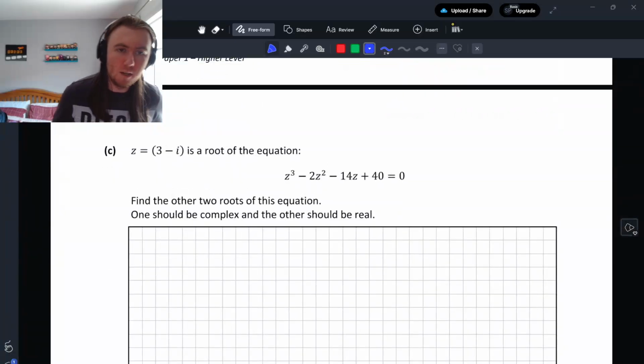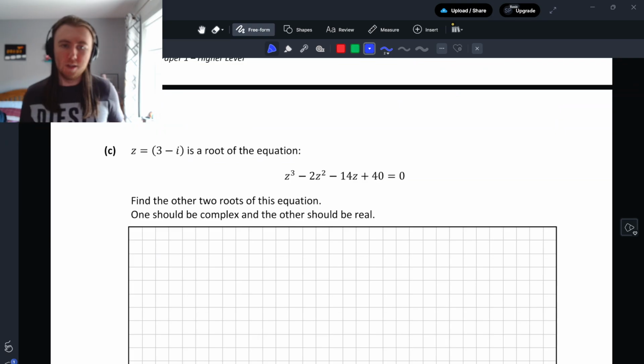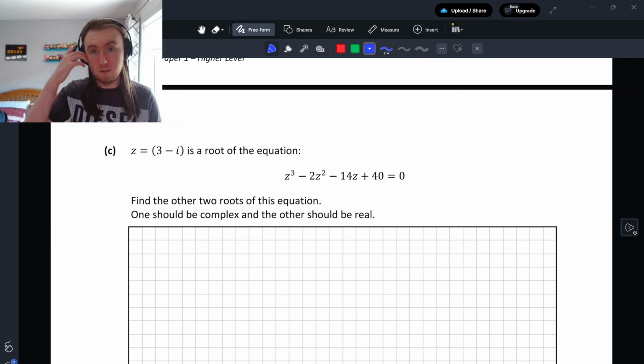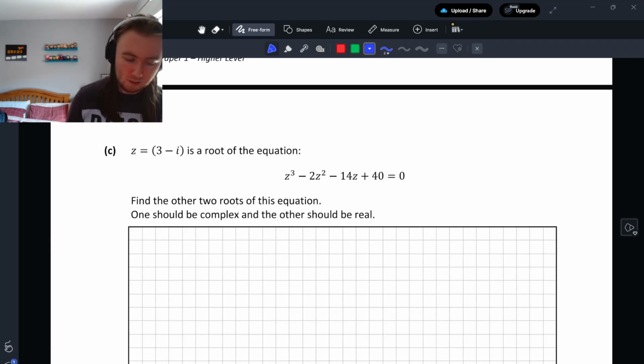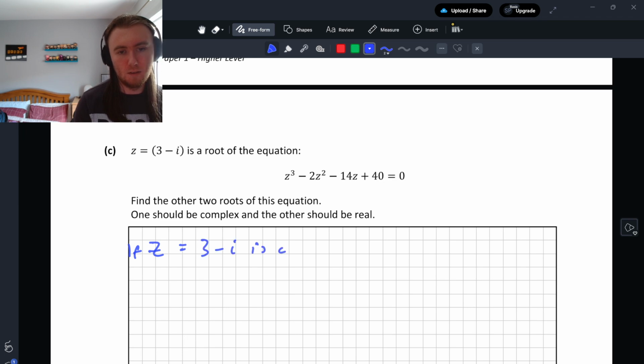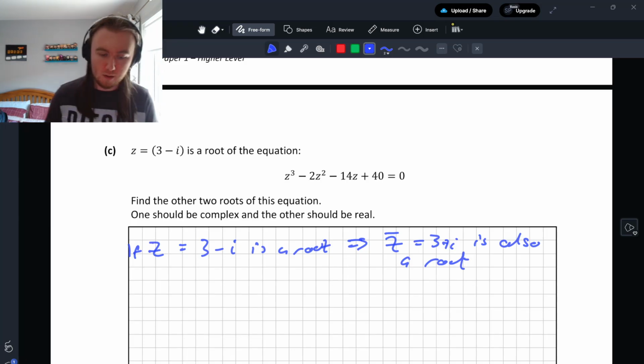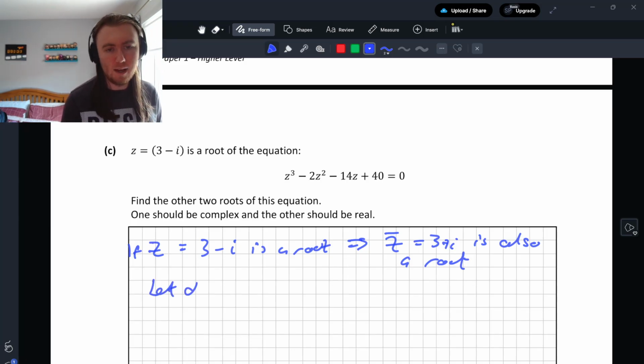Okay, z being equal to 3 minus i is the root of that equation. Find the other two roots of the equation. One should be complex and the other is real. Okay, so by the complex conjugate roots theorem, if z, which is 3 minus i, is a root, then because all of these are real coefficients, z bar, which is 3 plus i, is also a root. I'm just going to say let alpha be the other root.